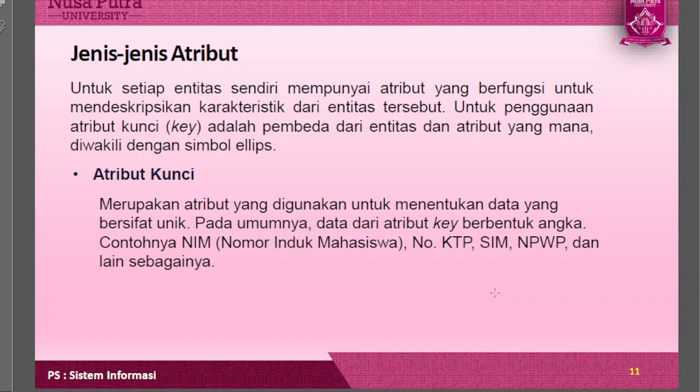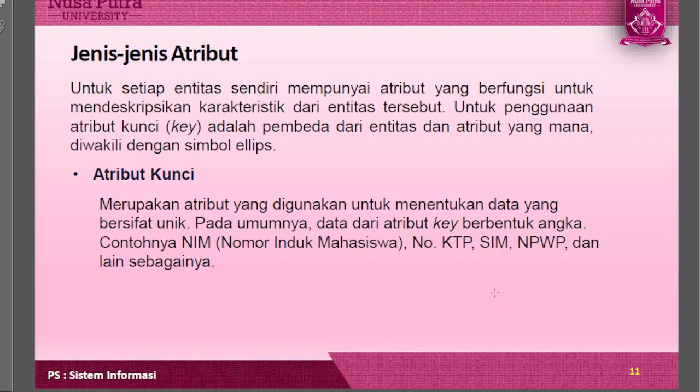And then now we're talking about the attribute. There are kinds of attributes. For example, the first attribute is the key attribute, or what we really famously call the primary key. Primary key sometimes has to define some attribute. It's counting like 0, 1, 2, 3 like that.